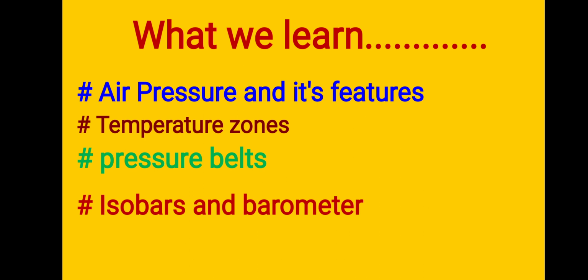Okay, means in this lesson many things we learned. First one, air pressure and the pressure features. Next one, the temperature zones. At last we learned the pressure belts, as well as isobar and barometer information.